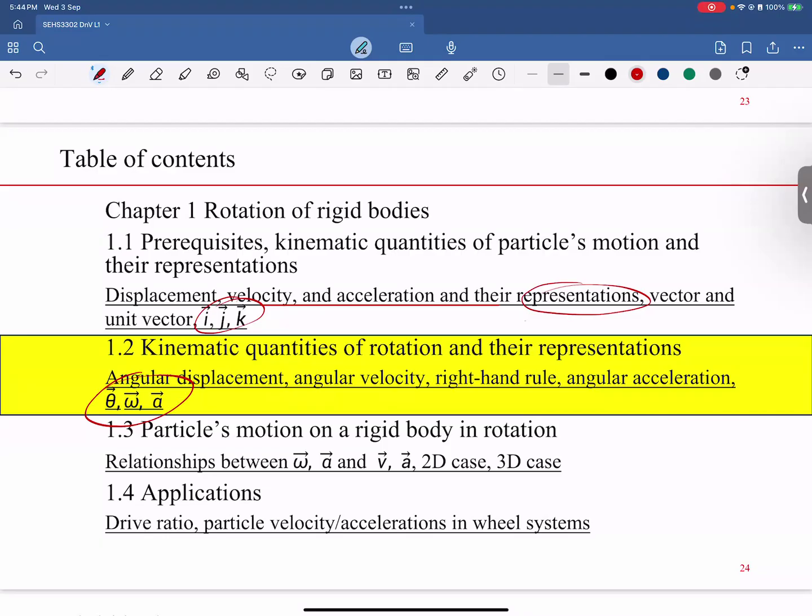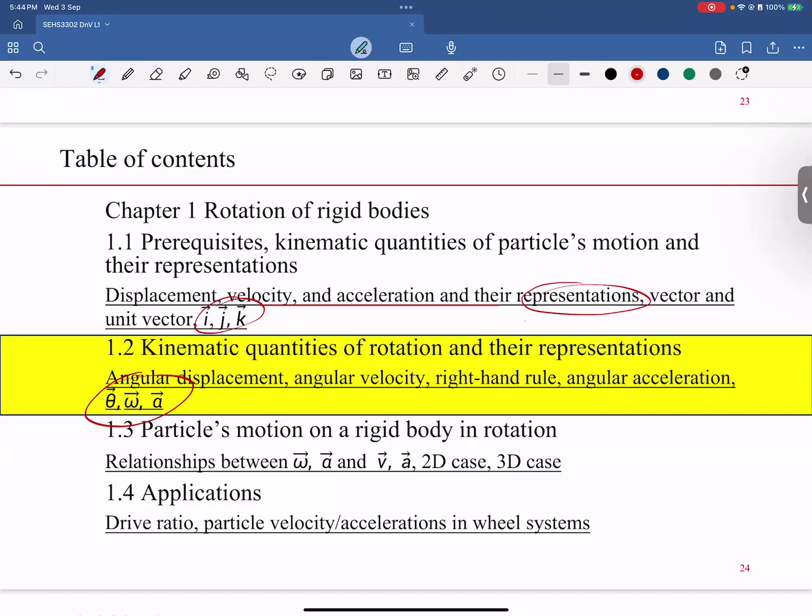But for a rigid body, it is a set of particles, right? And we put them together, and there's no deformation. We call it a rigid body. Rigid means no deformation. So for such a rigid body, it can turn, right? It can rotate about a specific axis.